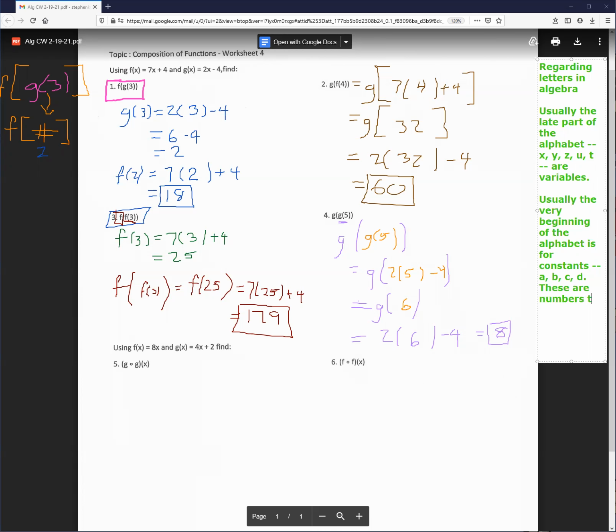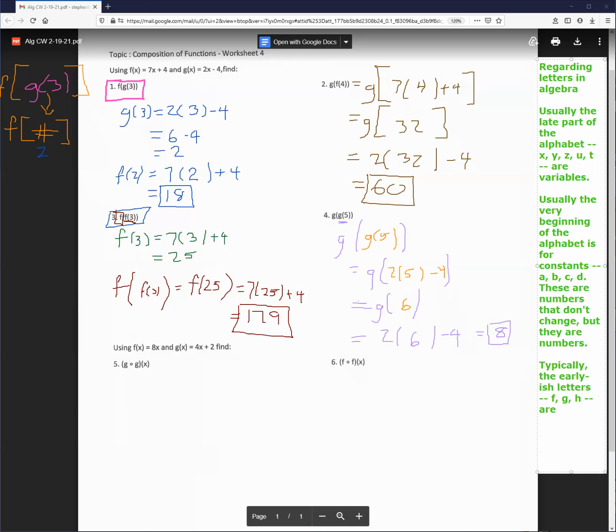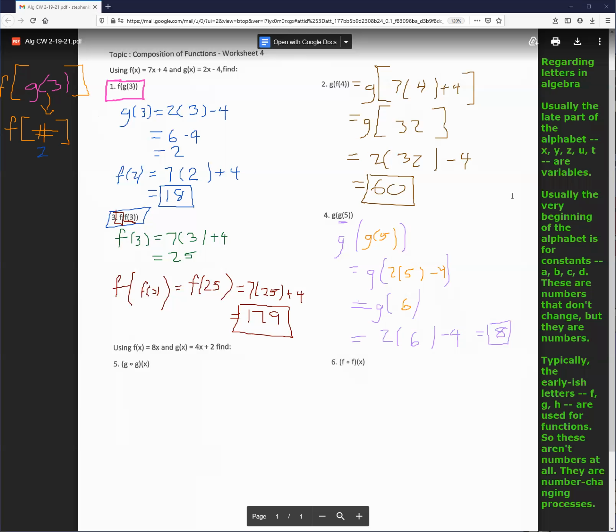And then typically the early-ish letters, meaning f, g, h, are used for functions. So these aren't numbers at all. They are number changing processes. Remember in the other video, I phrased it as a number changer, like a machine on a factory floor. The f is the machine, it's not a number.